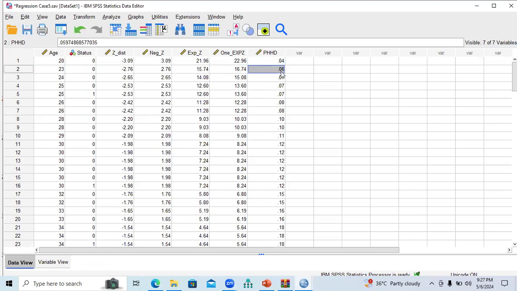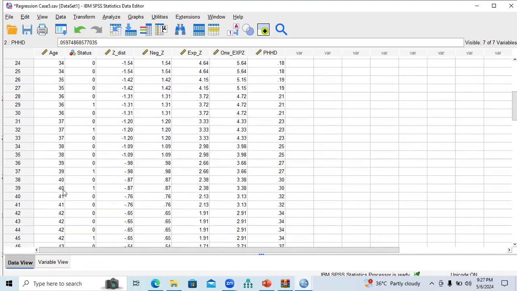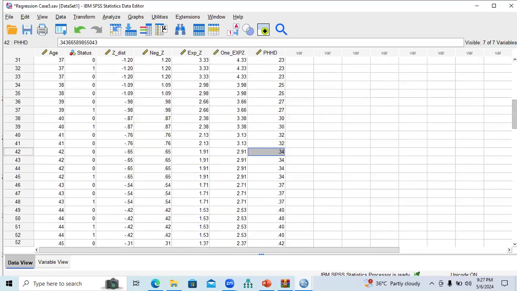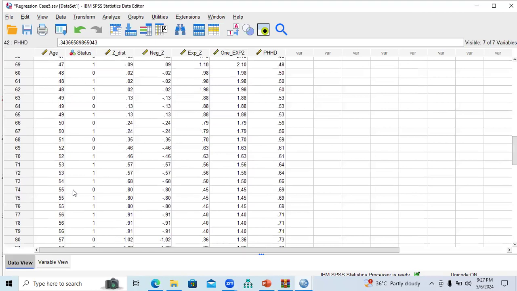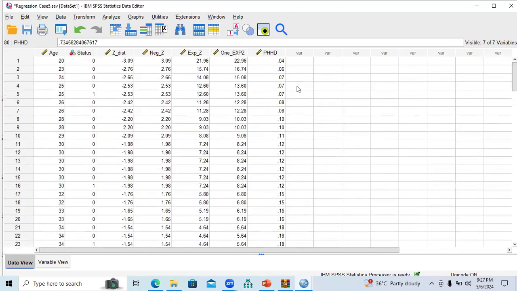For example, we can see here a larger value, 42, there is a 34% chance of having heart disease. There are a lot of values. For example, you can see here 57, there is a 73% chance of having heart disease. So this step will generate the probability of having heart disease.